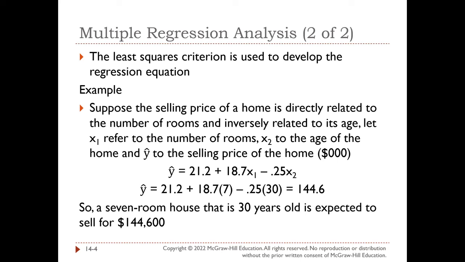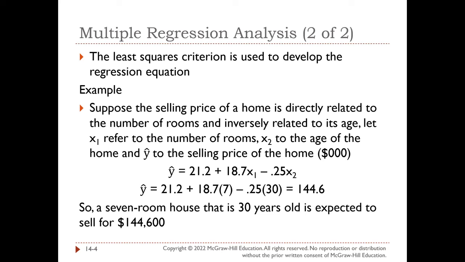So supposing selling price of a home is directly related to the number of rooms and inversely related to its age. Let x1 refer to the number of rooms, x2 to the age of the home, and y hat to the selling price of the home. So it gives us this scenario.